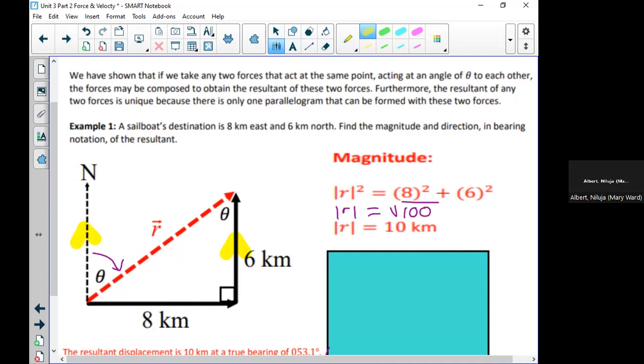And we know the rule, according to parallel lines, we can draw that Z pattern. We learned that in grade 9. According to that Z pattern, my alternate angles are equal.